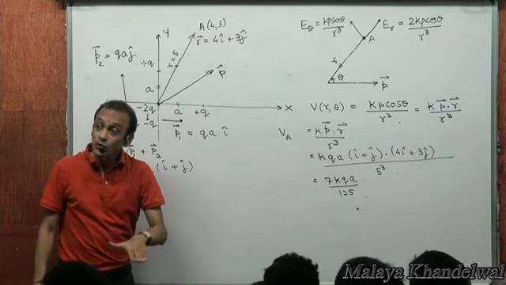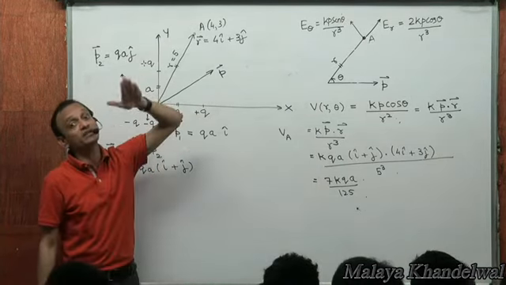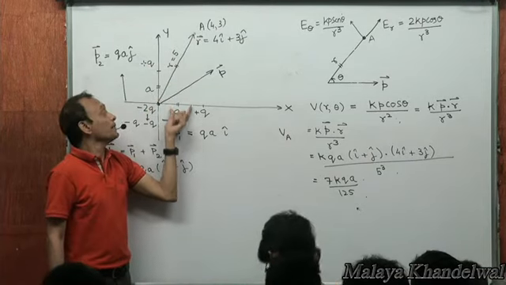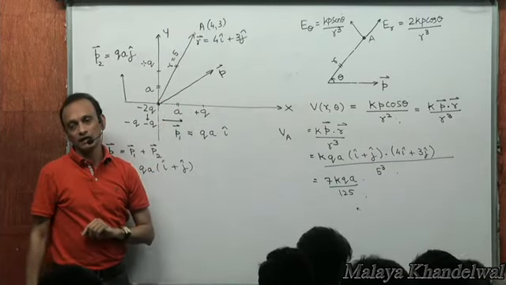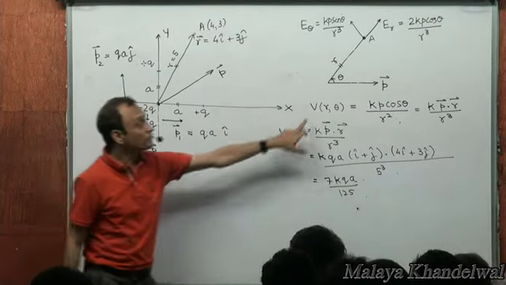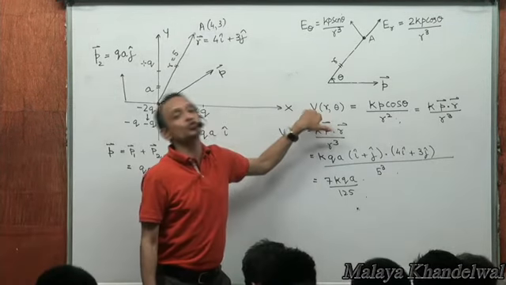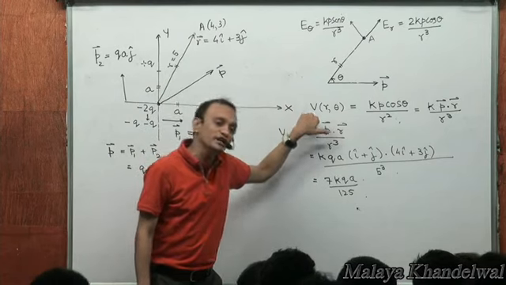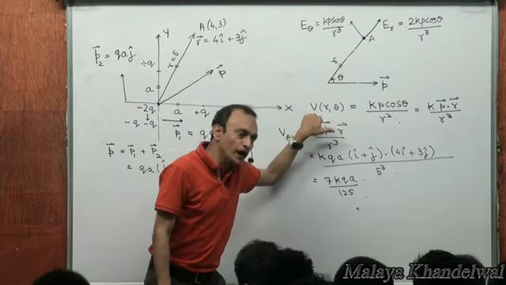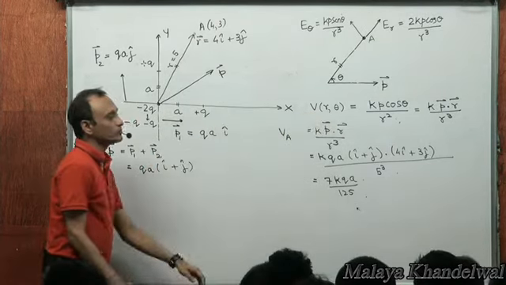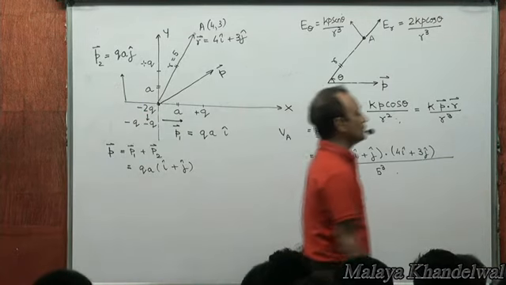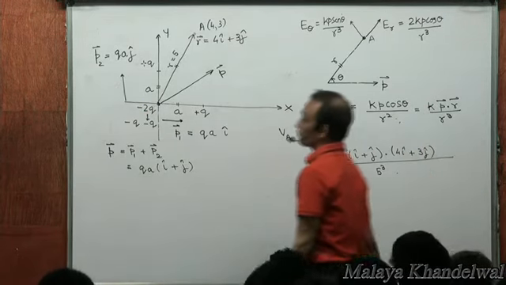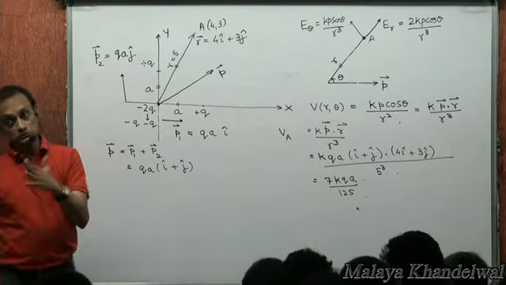So it makes sense when I investigate points A that are much further compared to this distance a, because this formula would be true only under those conditions. Clear?